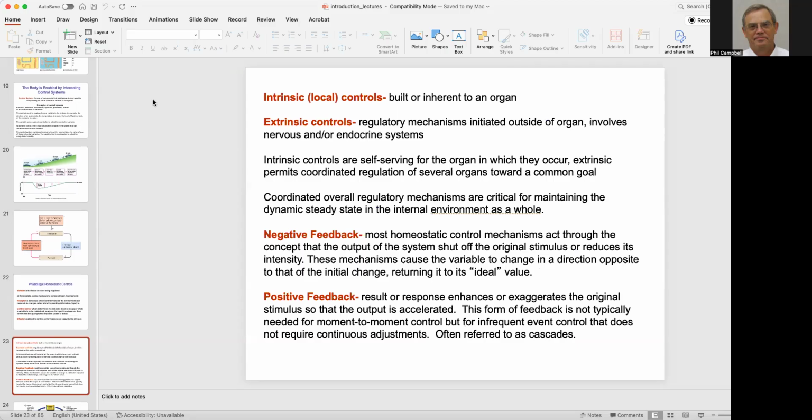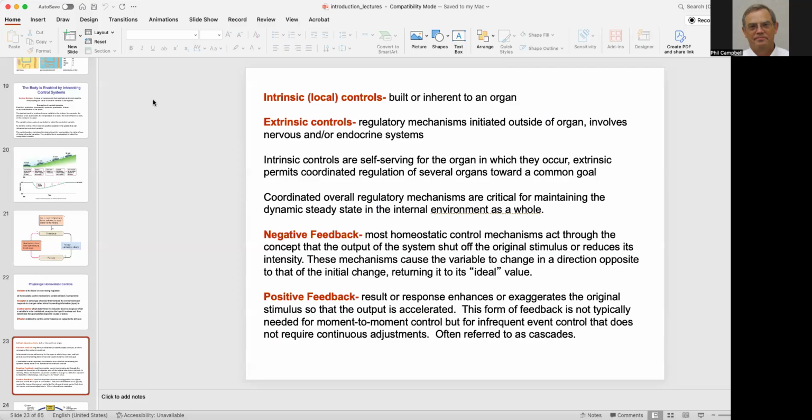Okay? Now, one more thing before I let you go. So we have two types of control systems that we talk about in the body. One is called intrinsic and one is called extrinsic. These are usually thought about in concept within or out within a tissue or an organ.